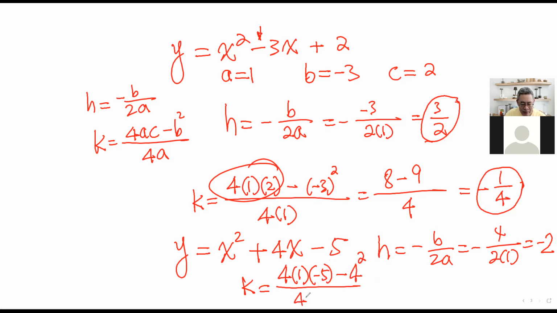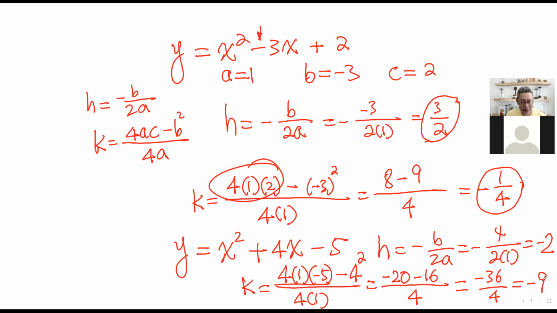And then 4 times 1. So the top one here gives us negative 20, and the other side is minus 16, over 4. So we got negative 36 over 4. Now, negative 36 over 4 is negative 9, so k should be equal to negative 9.